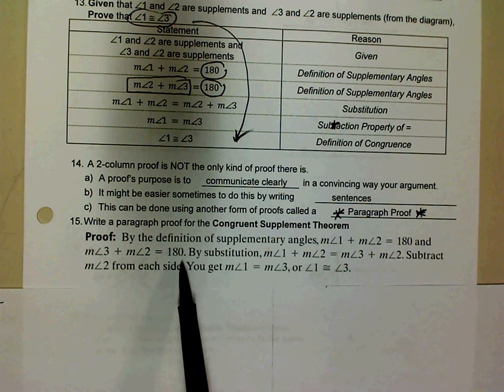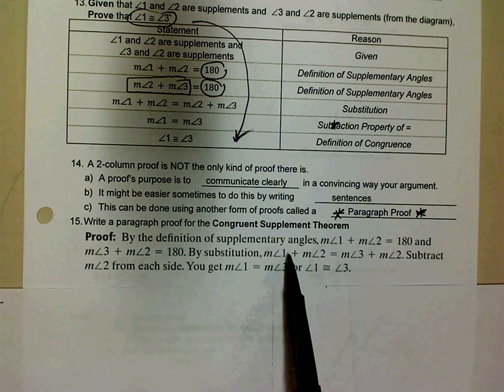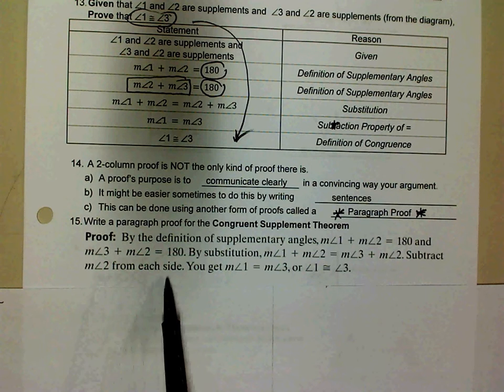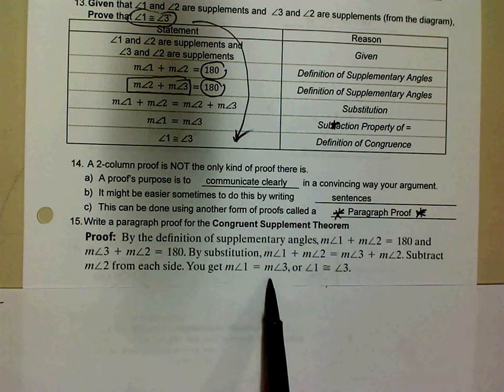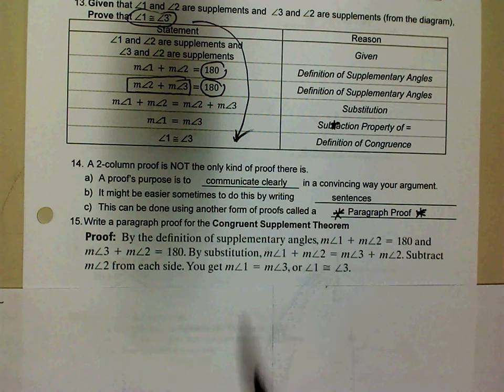Then, by substitution, we end up with this equation. Subtracting the measure of angle 2 from each side, you get the measure of angle 1 equals the measure of angle 3, or angle 1 is congruent to angle 3, which would be the way you would describe what we did up here.